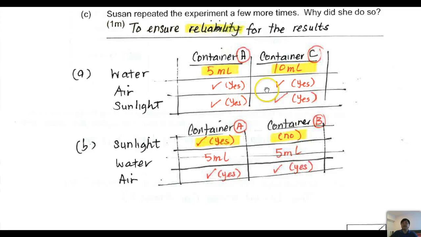Equal amount of sunlight, equal amount of the presence of air. Okay, now for this here, to find out whether sunlight will affect germination, all you need to do is one of them with sunlight, one of them without the presence of sunlight, but the water has got to be the same, okay, and the air has got to be the same.